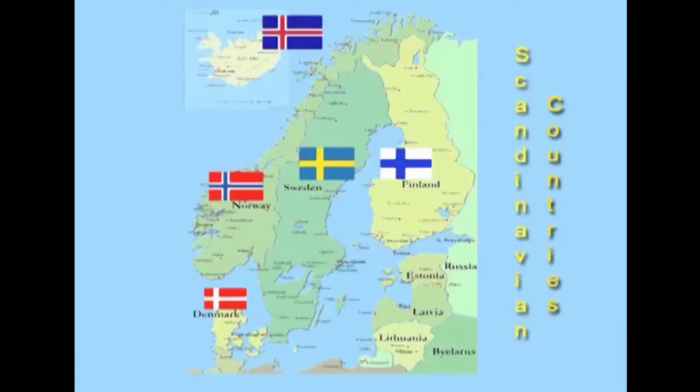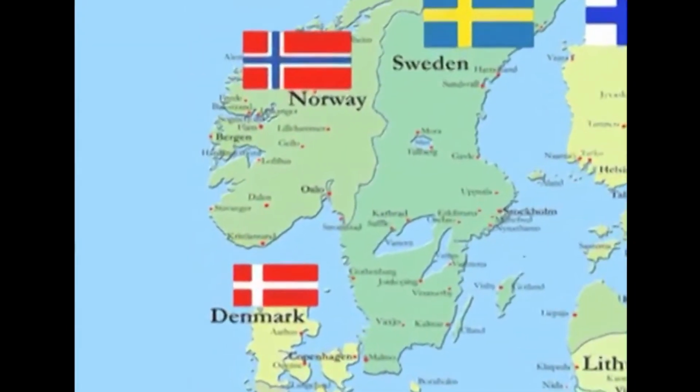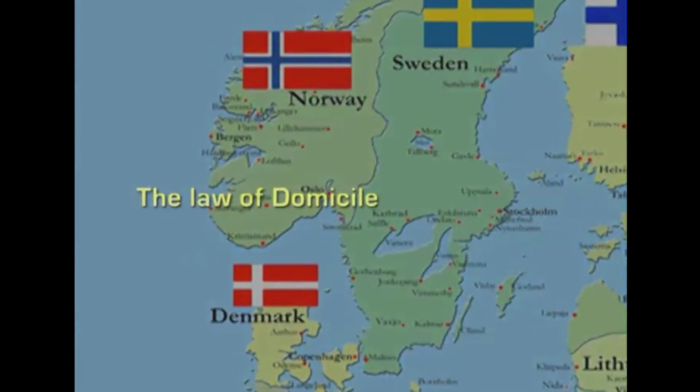Scandinavian countries were especially successful in unifying the rules of private international law relating to marriage, adoption and guardianship amongst these countries, despite different standards for deciding matters of personal law. For example, Norway and Denmark follow the law of domicile.